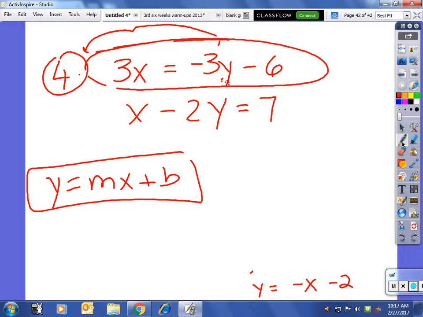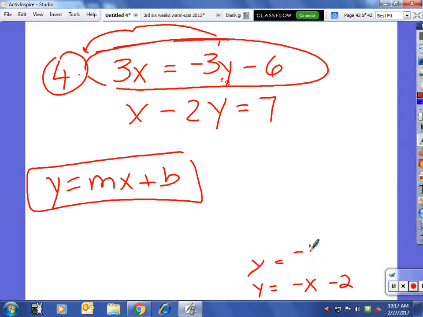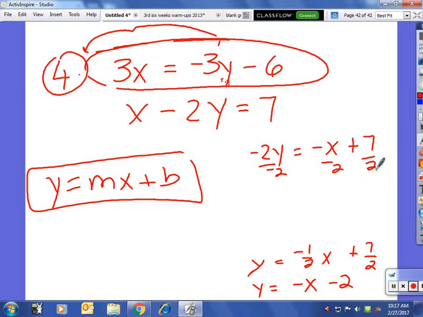Okay, who can tell me the bottom equation once we move stuff around? Yes, Dylan. Y equals what? Plus 7 over 2. Alright, let's see. I'm going to move the x over, so I have negative 2y equals negative x plus 7. I'm going to divide everything by negative 2.